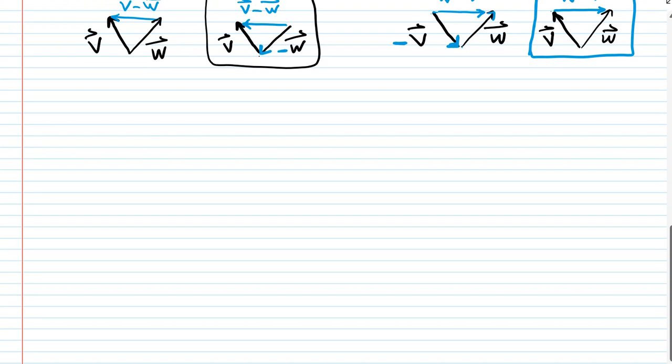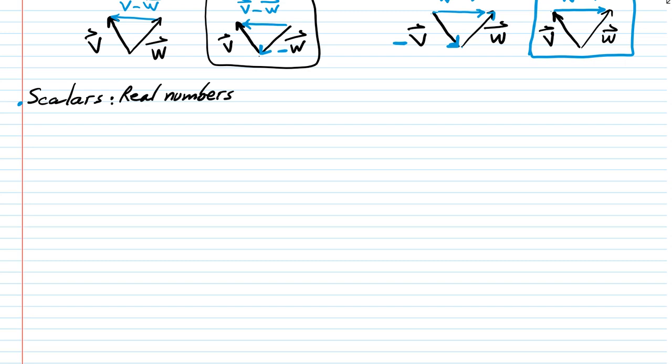Okay, now let's take a look at scalars, the next idea we're going to talk about. In the world of vector manipulation, scalars are real numbers. With respect to vectors, they're called real numbers, or simply scalars.